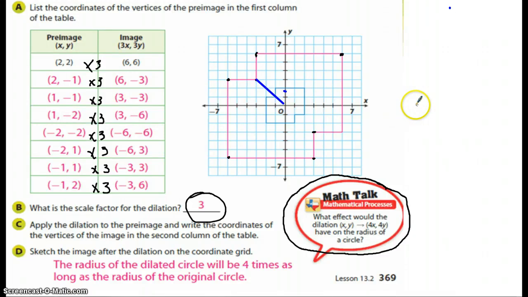So if I draw a circle and then dilate it by 4, the radius of your dilated circle will be 4 times this particular radius. So that's all that means there. You need to know that in just a second when we look at the next part.